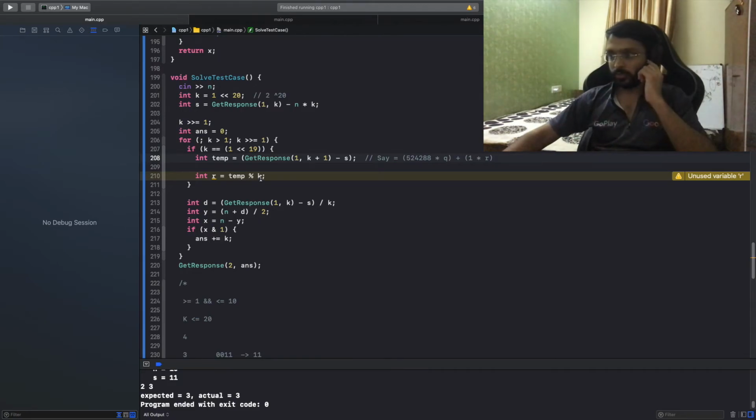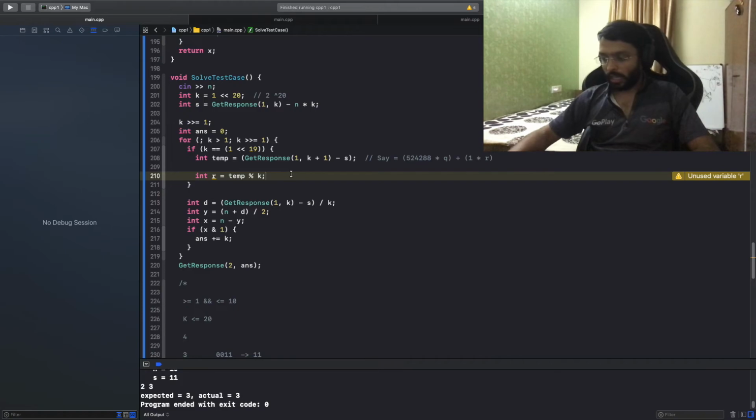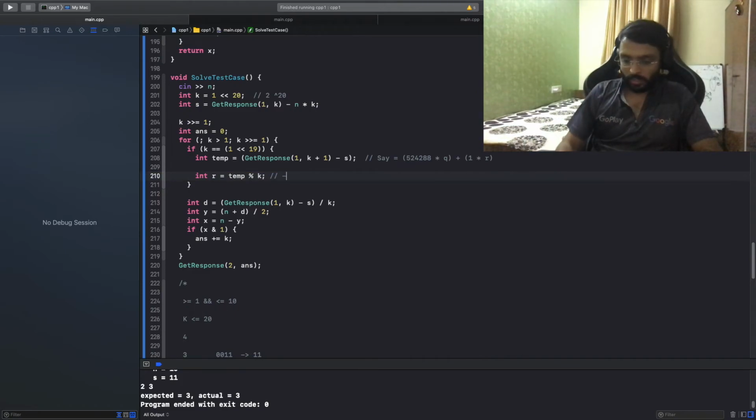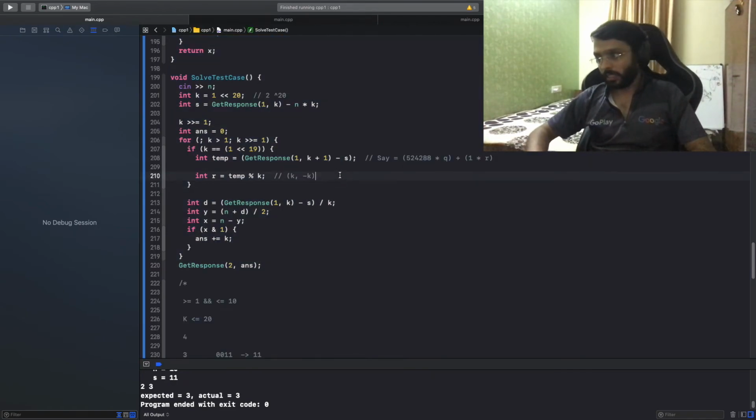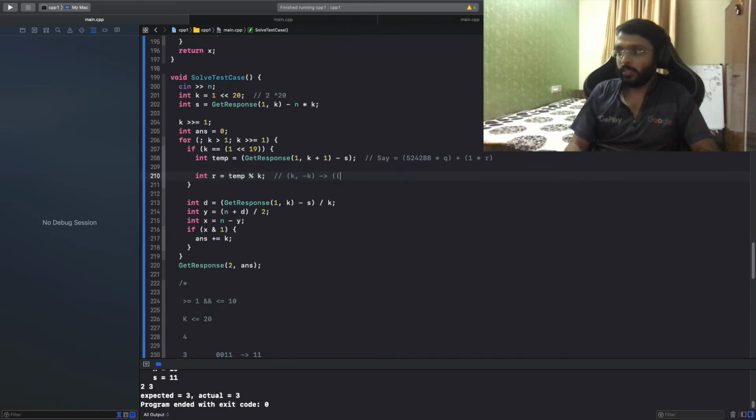I do a modulo with k, and r comes up. Now r will range from plus k till minus k. That's how modulo is implemented in C++. Now I have to shift them into the range n comma minus n.